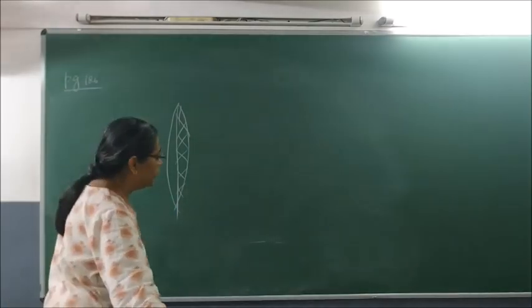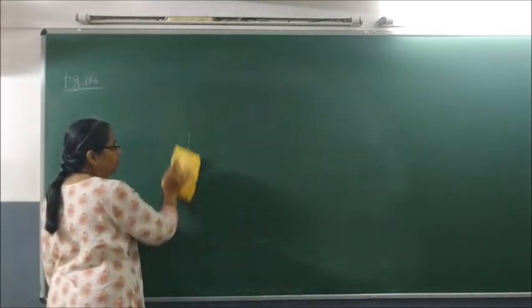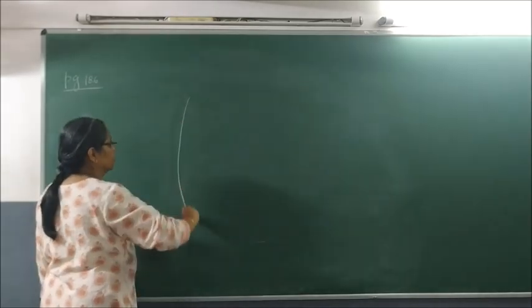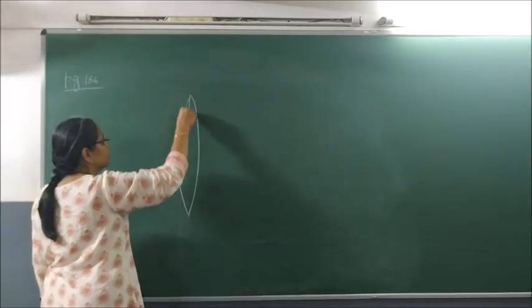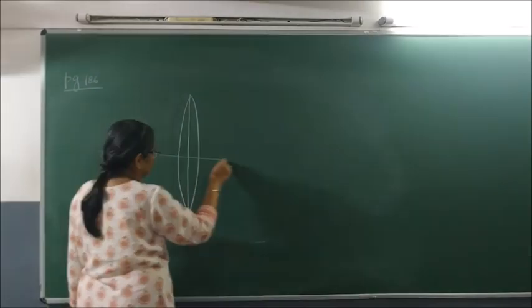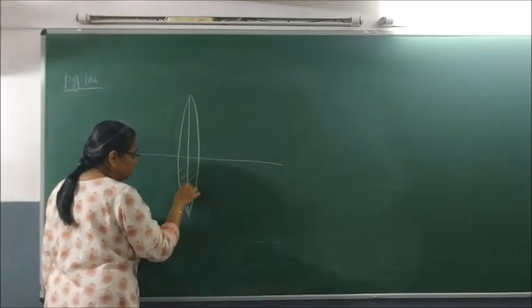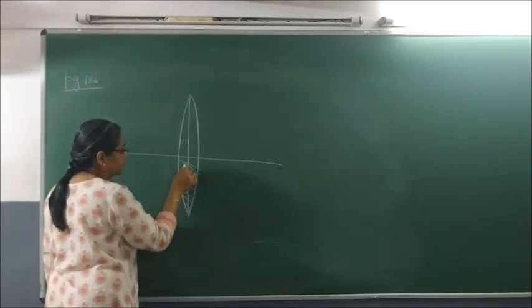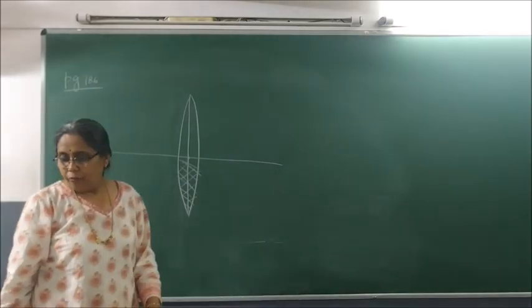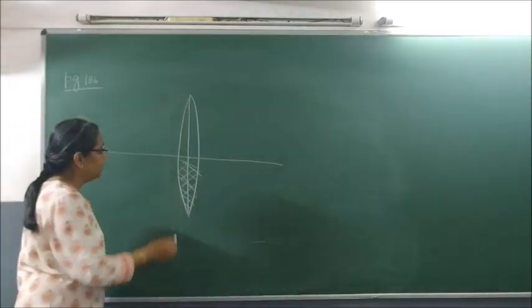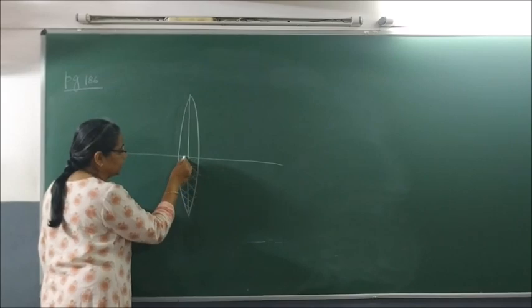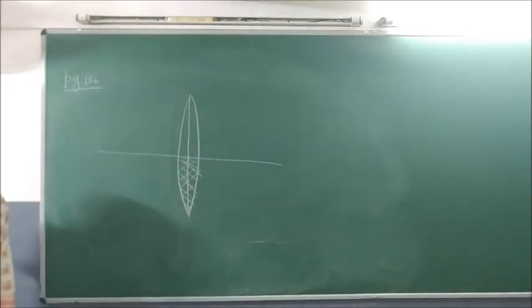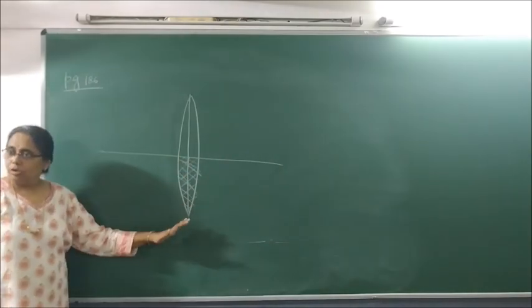But if I cover it like this, suppose I cover the full portion and I have left a little of the optical center area, then I can form an image. But the image will not be as bright as the image when it was not covered.